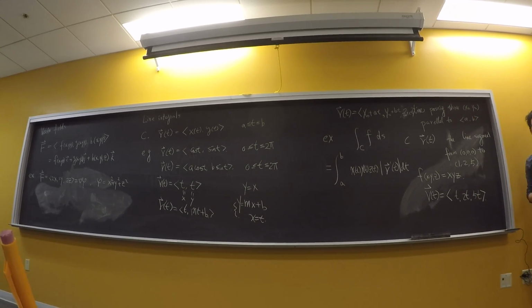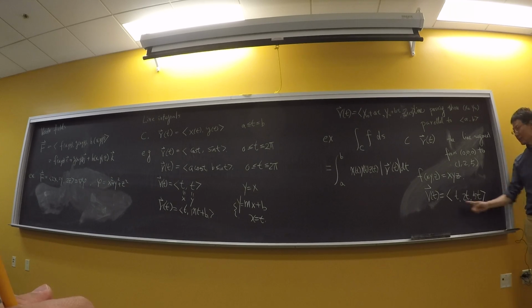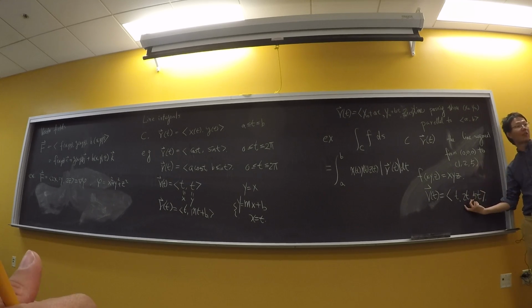t, 2t, and 5t. You can easily check this because for a line, 2 points will determine uniquely a line. t equals 0 will pass through 0, 0, 0. Am I right? t equals 1 will be passing through 1, 2, 5. All right? So this is indeed the line passing through these 2 points.